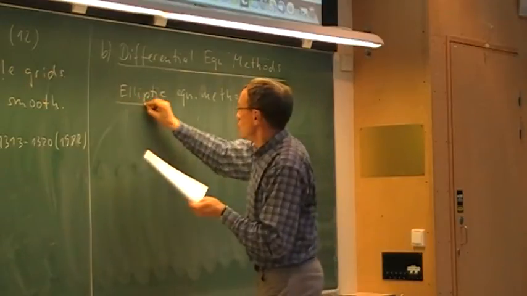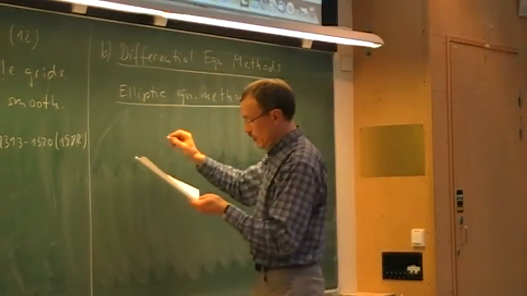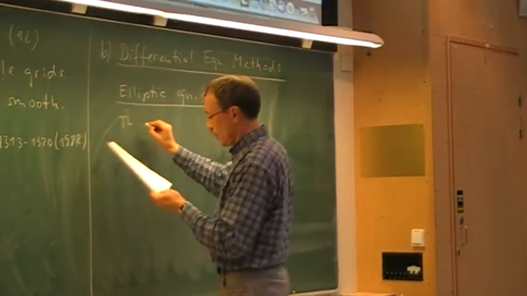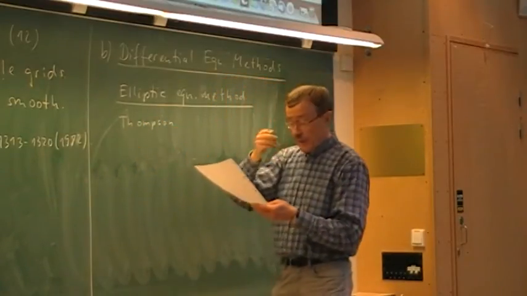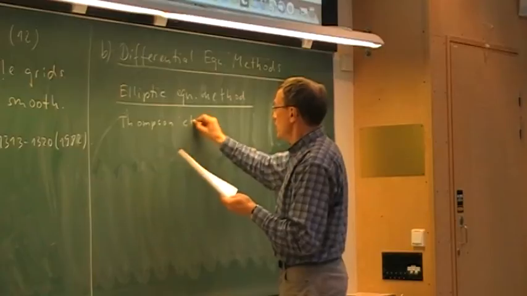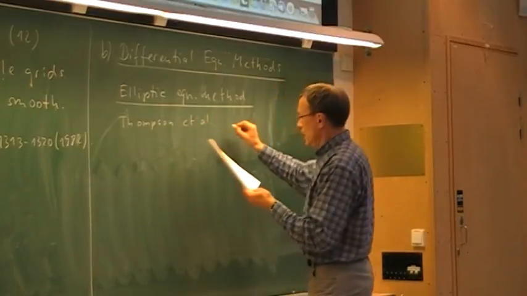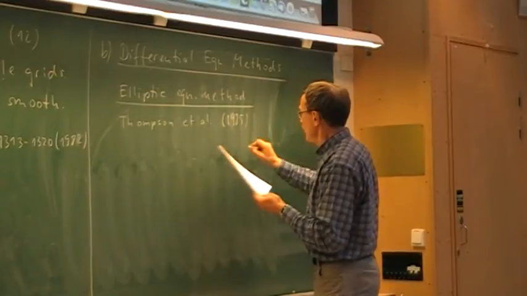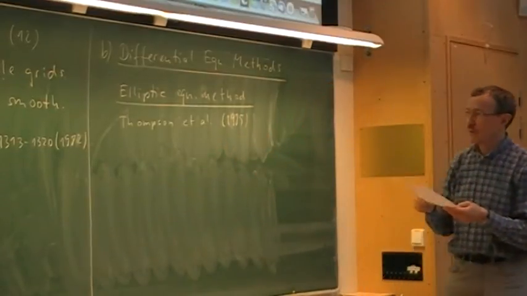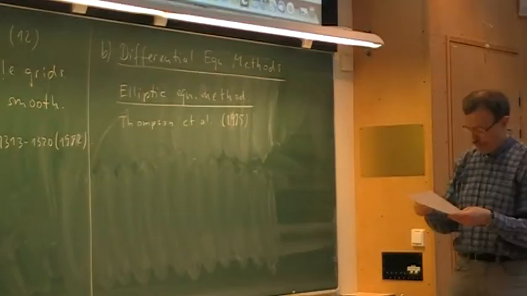And that is due to Thomson and colleagues. They also wrote a book on that. It is cited in our textbook, Thomson et al., in 1985. So you see this is going back to the 80s.